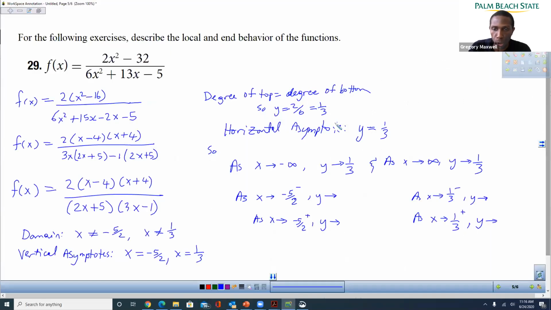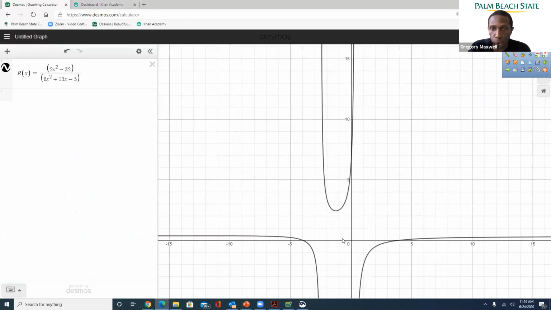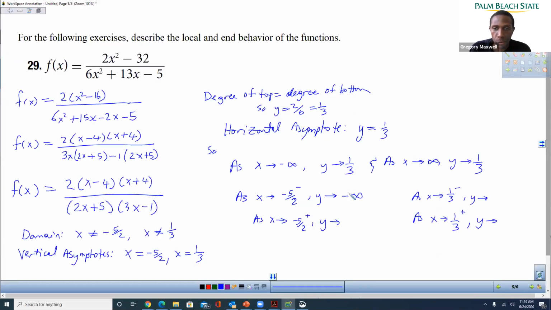So you just say, as we go toward -5/2 from the left-hand side, the graph goes downward, to -infinity. But when we go toward -5/2 from the right-hand side, the graph goes upward to +infinity.